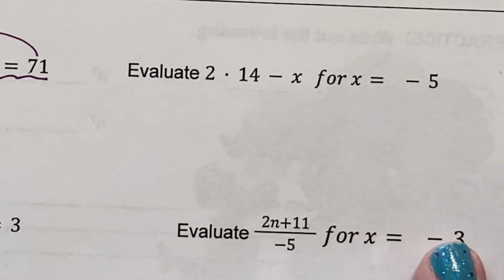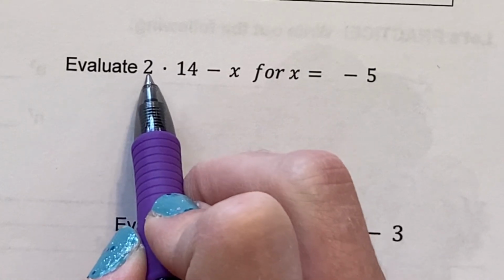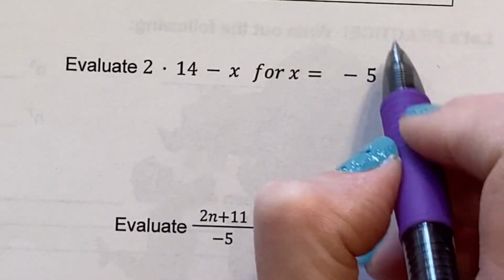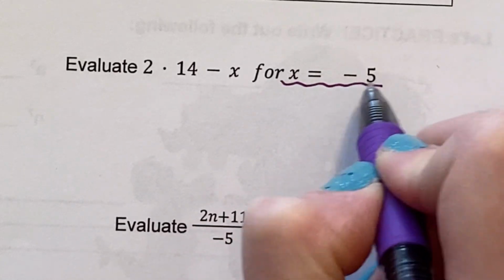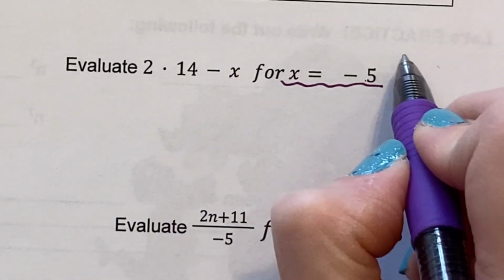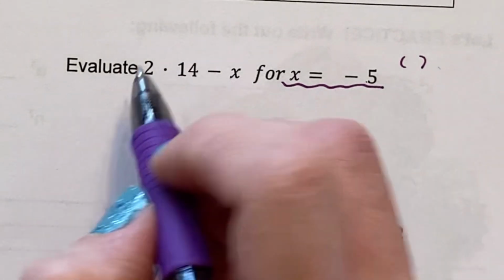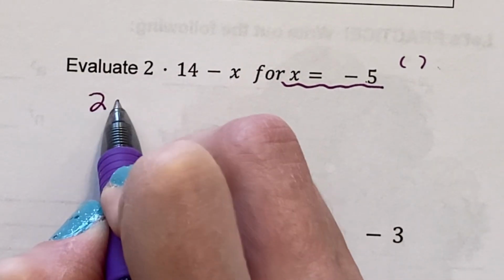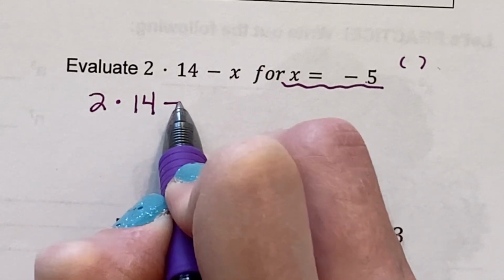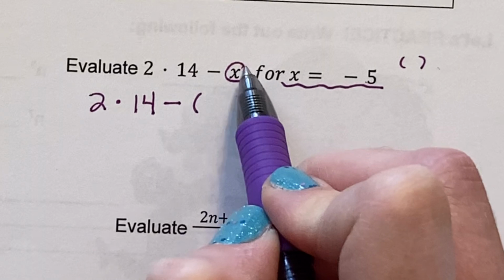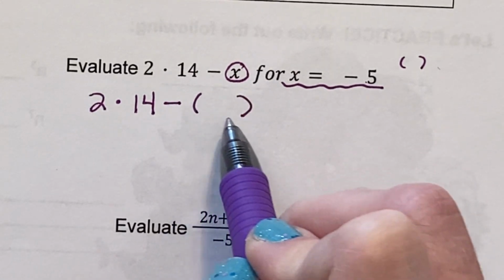Let's do one with a negative. Evaluate 2 times 14 minus x, when x equals negative 5. Here's when I am going to use parentheses to not lose track of my negative. So I'm going to rewrite the whole thing. 2 times 14 minus, and notice this x right here is what I'm going to put in the parentheses.